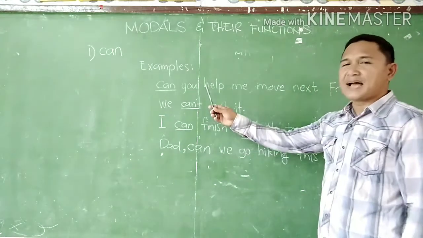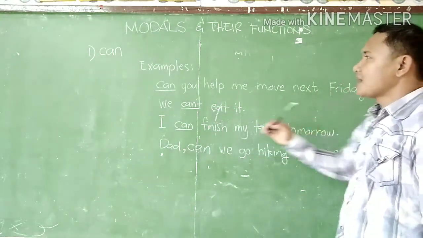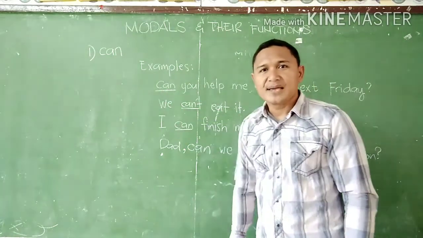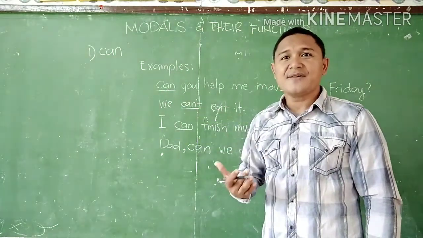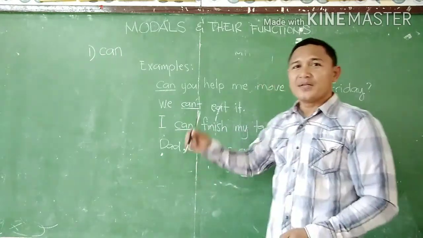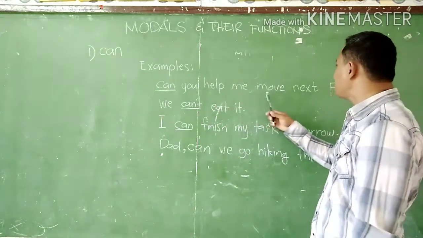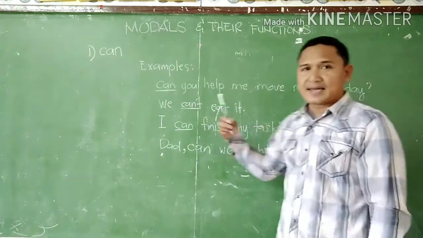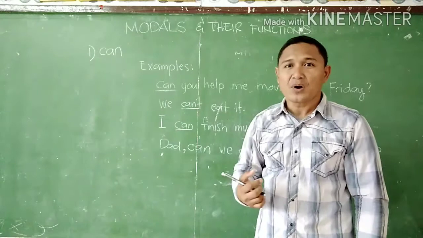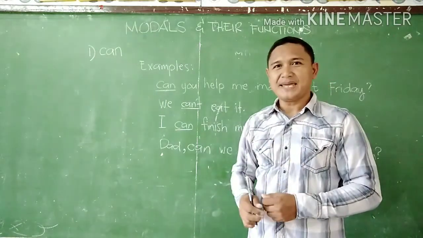Now, the first example is, can you help me move next Friday? Can here is used for asking about ability. Can you do it? That's why it is in the form of a question. Can you help me move next Friday? Again, it is asking for ability. Can you be able to help me?